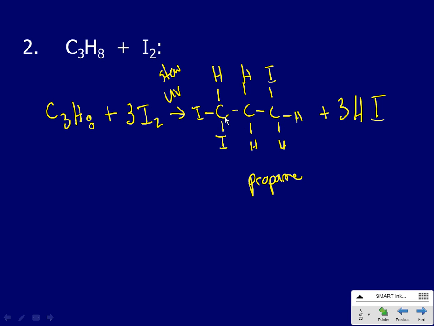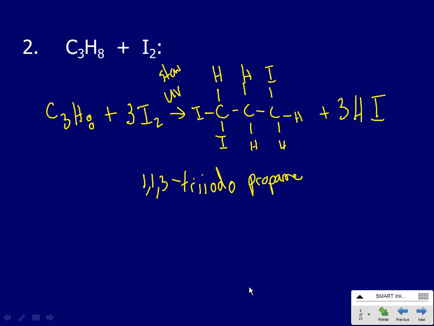This guy here. Because I've got 1, 1 then if I do it that way. If I do it this way, I'm going to have 1 and then 2 3s. And I've got to have the smallest number possible. So this is 1, 1, 3. From the other end, it would have been 1, 3, 3. And that's bigger than 1, 1, 3. 1, 1, 3, iodo, and no space, propane.